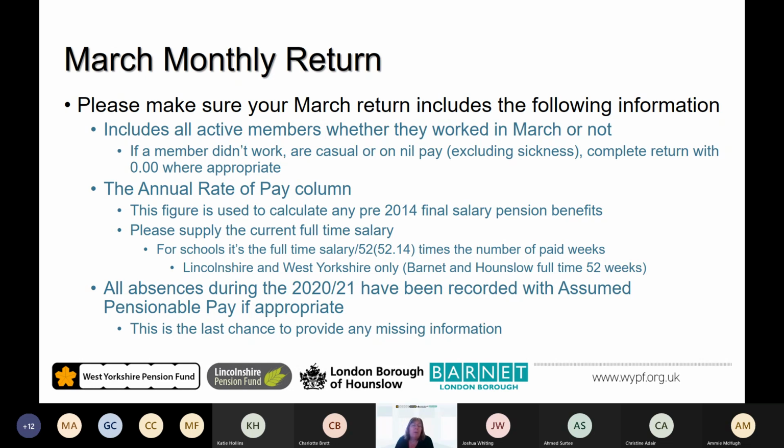The March return is your last opportunity to notify us of any absences where you haven't previously notified us of any assumed pensionable pay that needs to be included on that member's record.